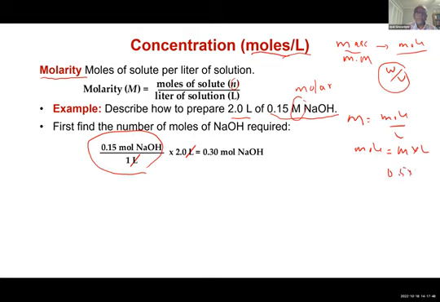0.15 times 2.0, the answer is 0.3 moles. You can either plug into the equation, molarity equals moles divided by liters, or do a factor label method. Convert the definition of molarity into moles. How do you get moles from molarity?